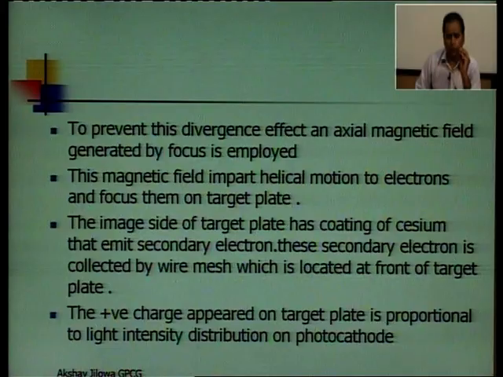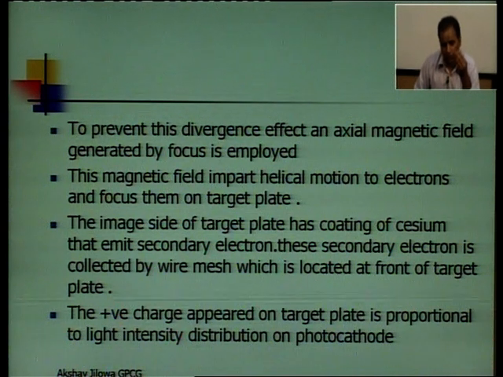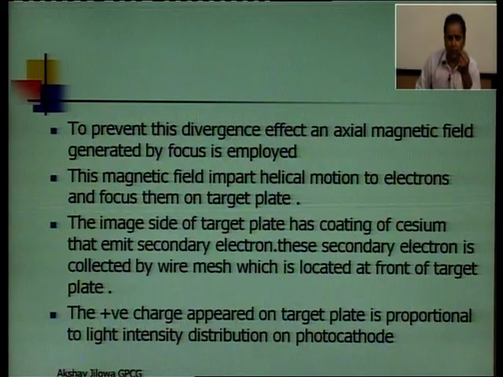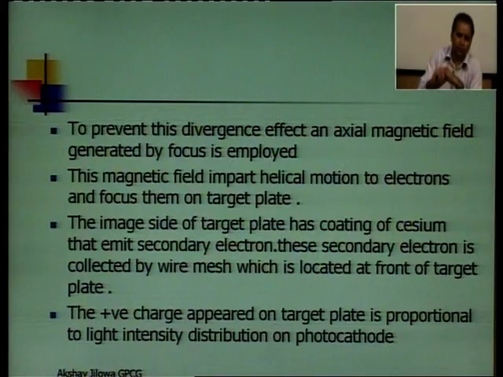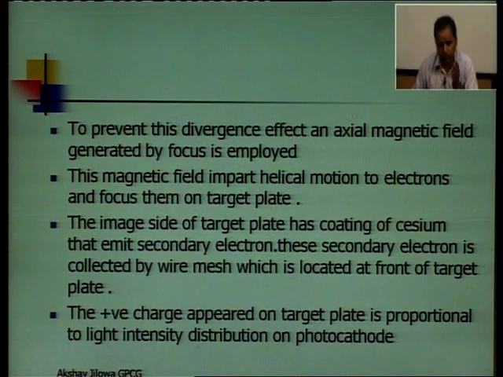As electrons strike the target plate, they also contain some kinetic energy, which will cause some secondary emission of electrons from the target plate. That secondary emission is controlled with the help of the mesh structure, which ensures the secondary electrons are collected by the wire mesh located just in front of the target plate.